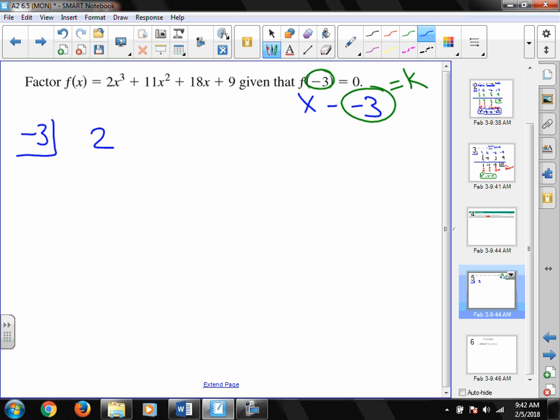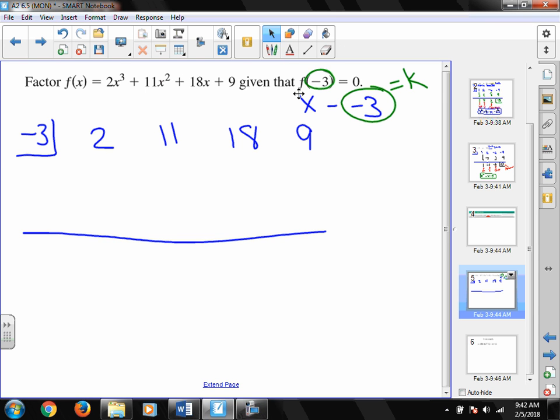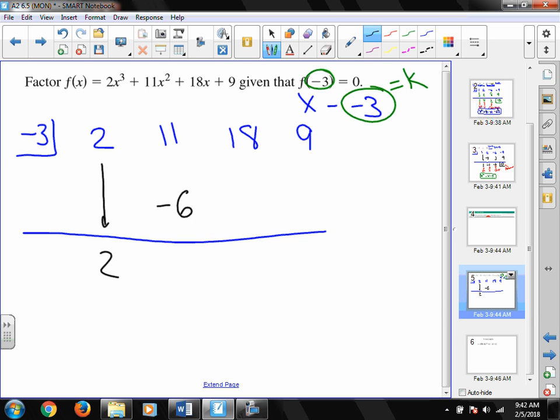And we have 2x cubed, so the 2 goes up. Do I have an x squared? What is it? 11. X, 18, and a constant of 9. So we're going to move our 2 down. 2 times -3 is going to give me that -6.